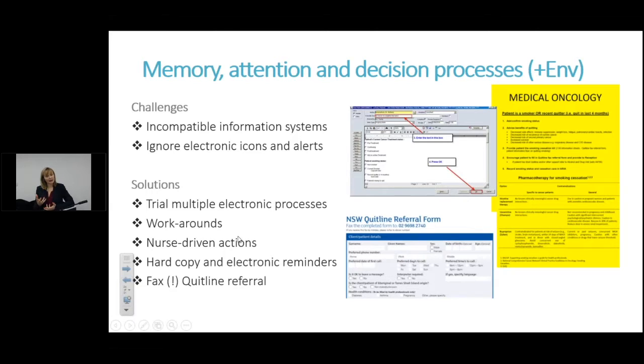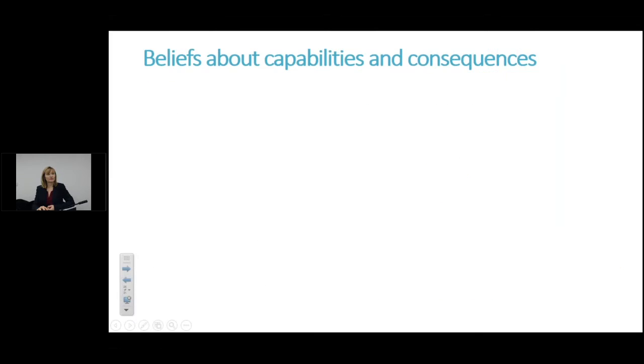We did try very hard to get something electronic in place, and it's my understanding that the Cancer Institute is working on that issue more broadly, but it couldn't be put in place in this particular pilot. So what we ended up with was multiple ways to try and achieve something and make sure that patients didn't slip through the cracks. And I'm sure many of you would have had to do those kinds of things before.